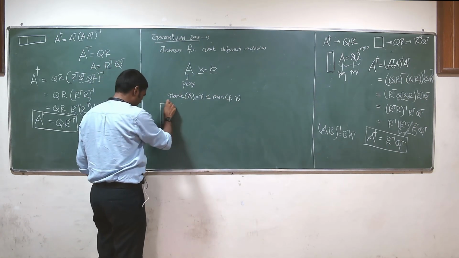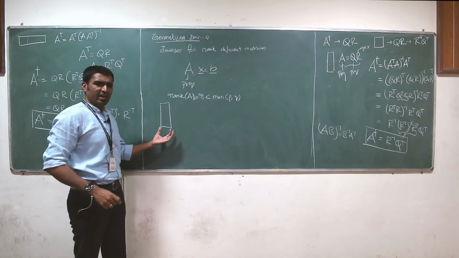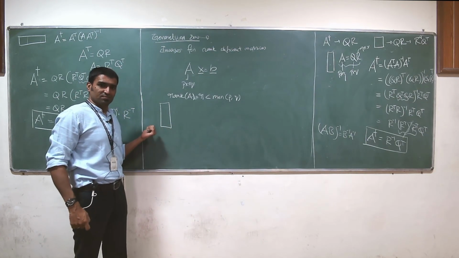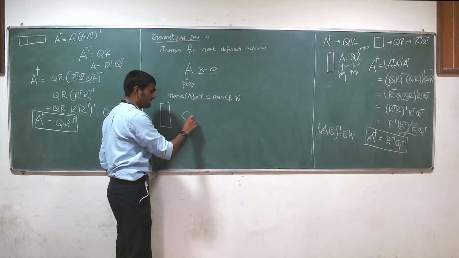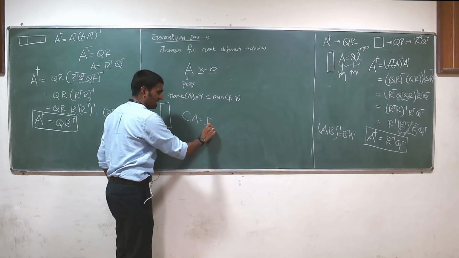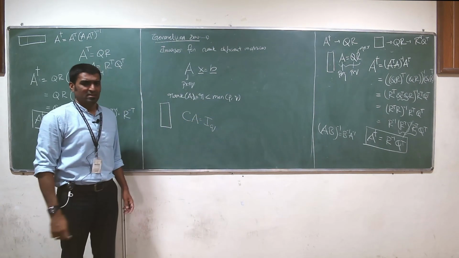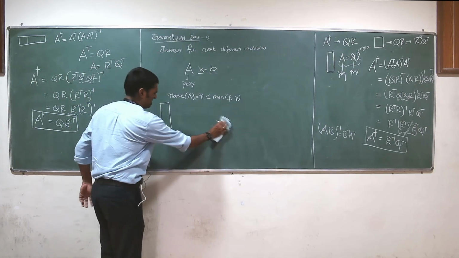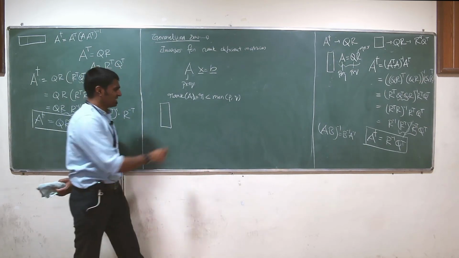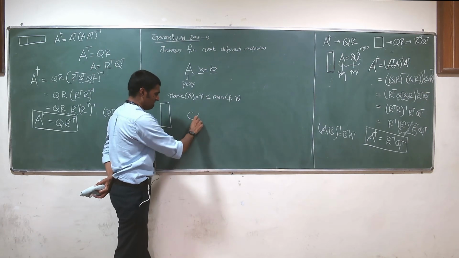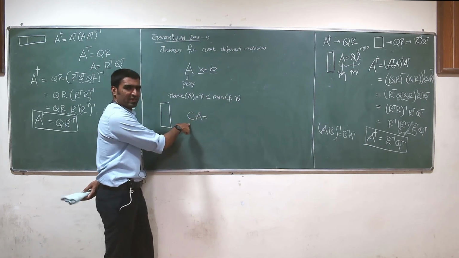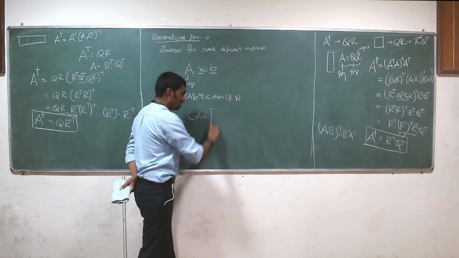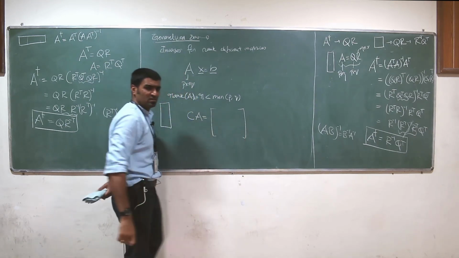Okay, if A is tall and it's rank deficient. If it's full rank, then we know there are matrices C such that I get I_Q, right? But this is not true anymore because it's rank deficient. But what you can get is you can find the C, and if you pre-multiply C by A, you don't get the identity matrix anymore.